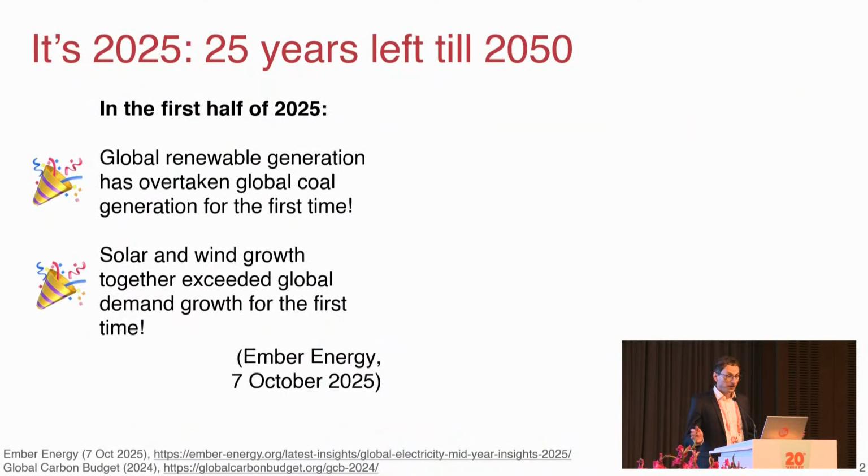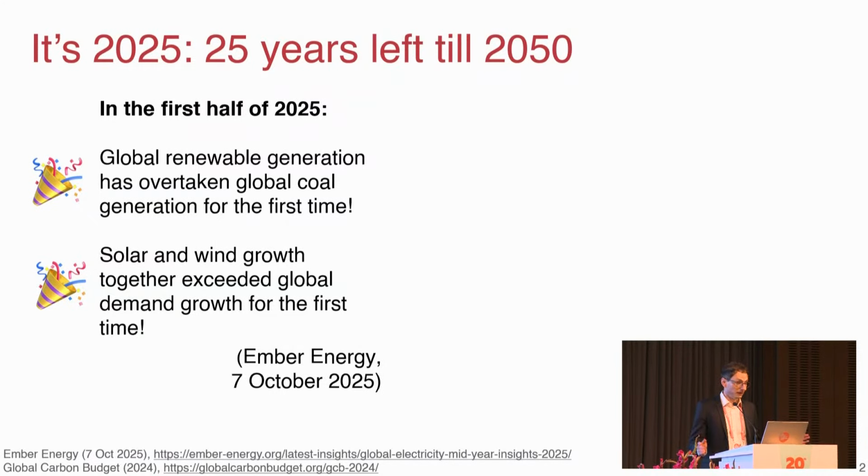And we actually have a few things to celebrate today. It's not just the 20th anniversary of this conference, but we also have some nice news from yesterday that you might have seen. First, in the first half of 2025, global renewable generation has overtaken global coal generation in electricity for the first time ever.